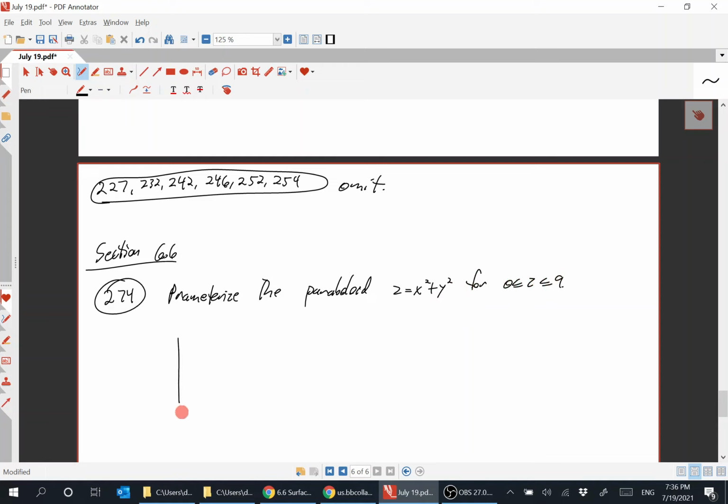So that's that standard paraboloid there. Right, like that. And going all the way up to z equal to 9.